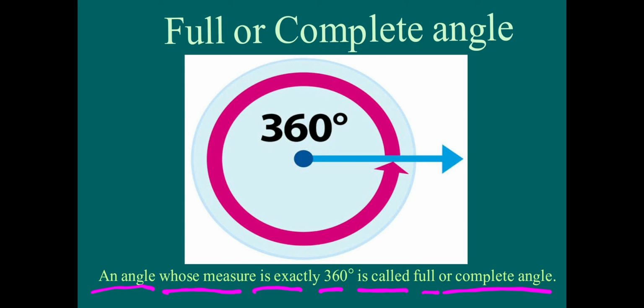So guys, you learned what an angle is and what the different types of angle are. Once again I repeat, there are 7 types of angle.